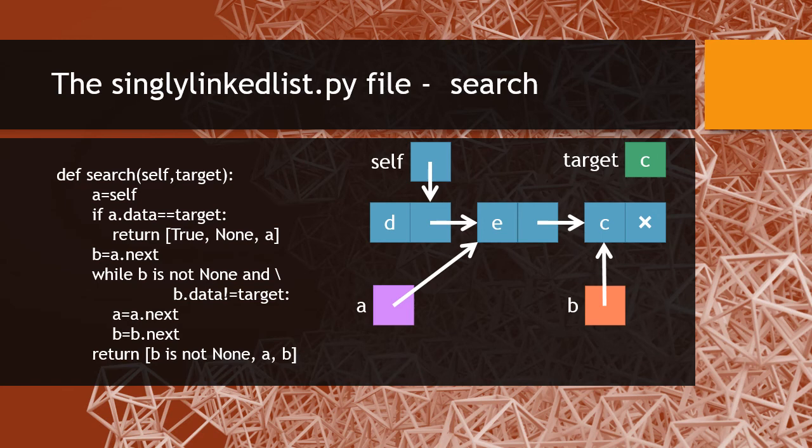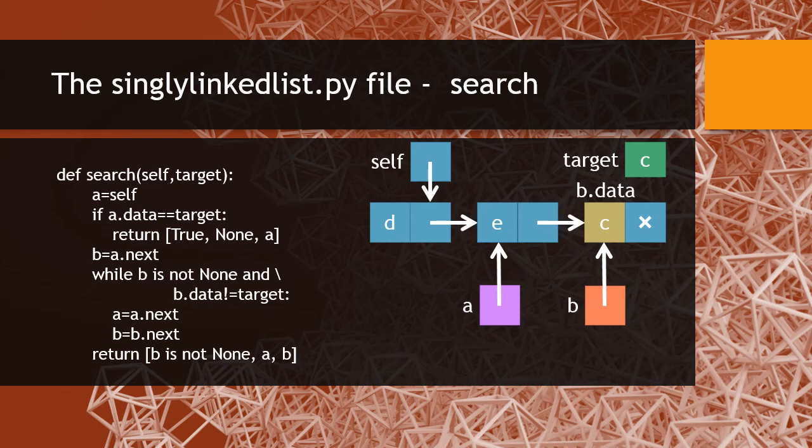We go back to checking the condition of the while. B is not none. This is true. What is B dot data? B dot data is C. Is it equal to the target? Yes. So the second condition of the while loop becomes false and we come out of the while loop.